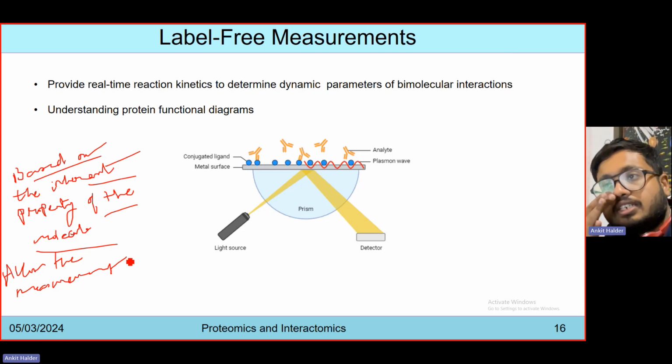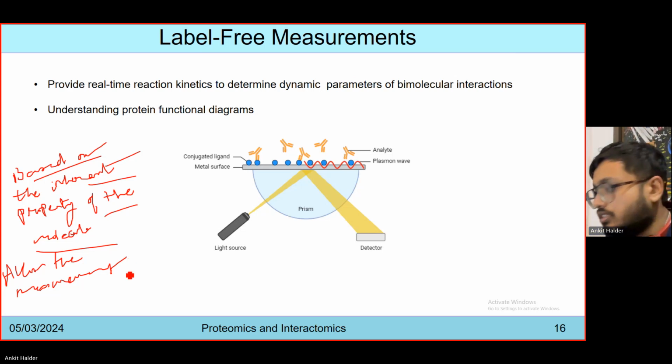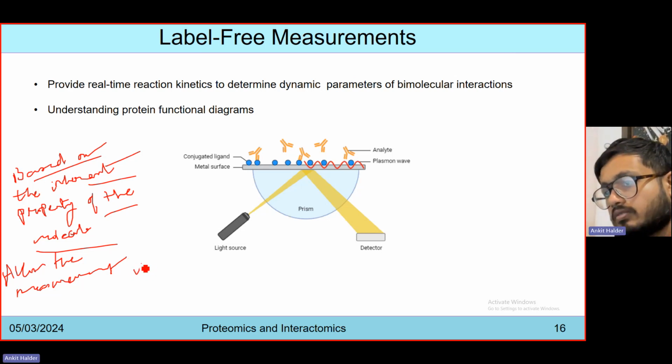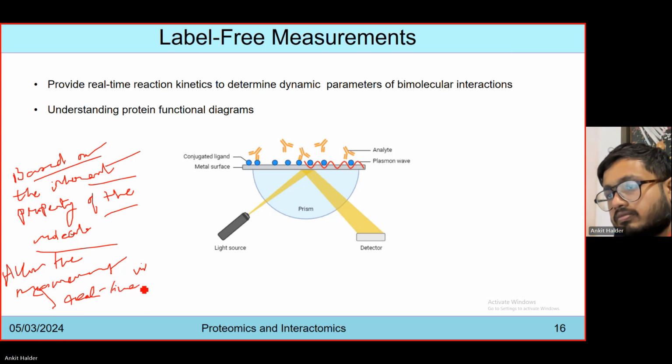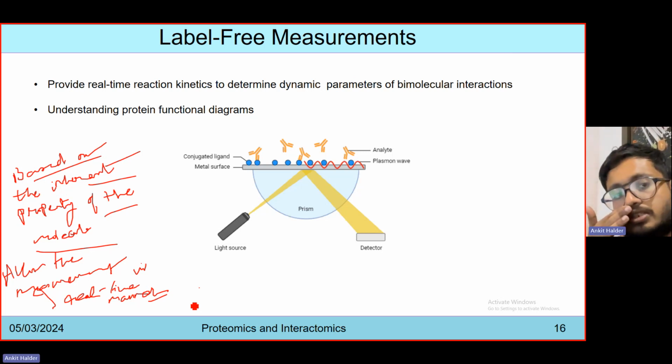And the second thing is that it allows the measurement in a real-time manner.